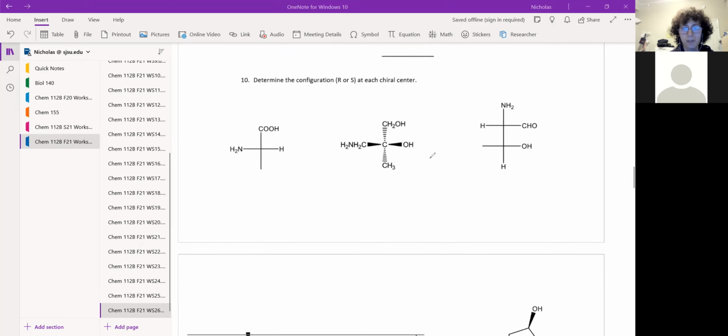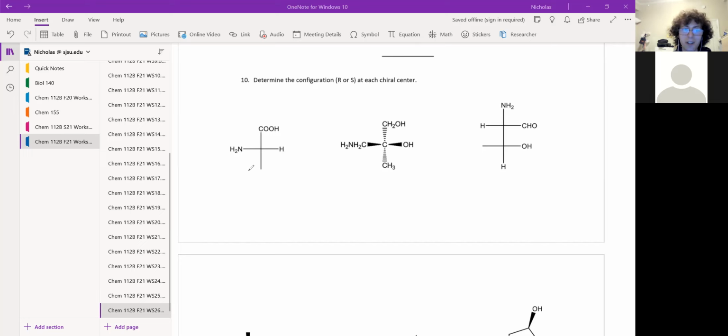Here I've got a bit of stereochemistry practice where we're not naming, we're just doing R versus S. So we'll start by doing the priority numbering 1 to 4 for each chiral center. So we'll start with this first one on the left. Which substituent is number 1?